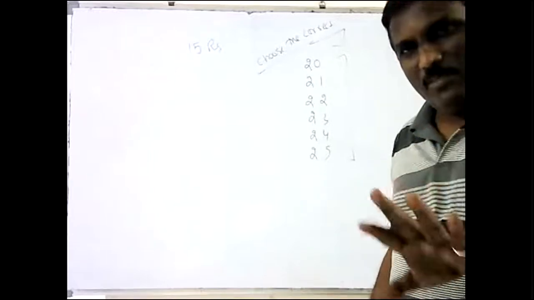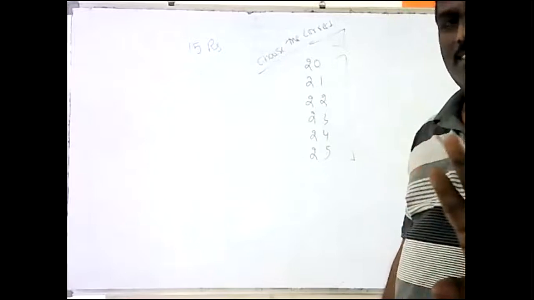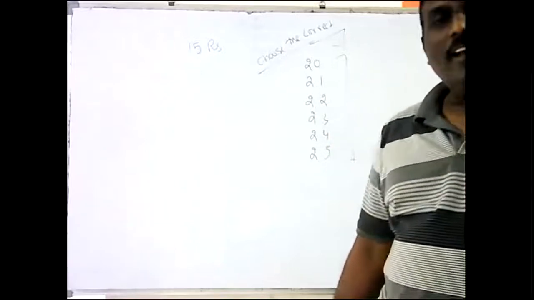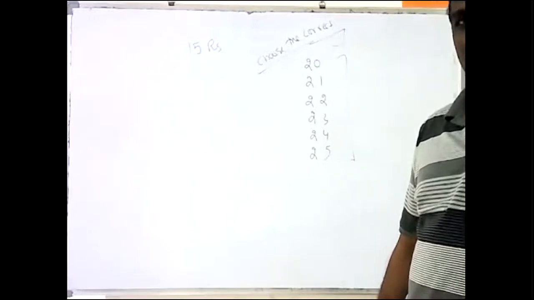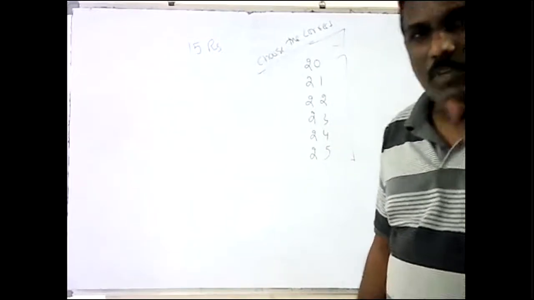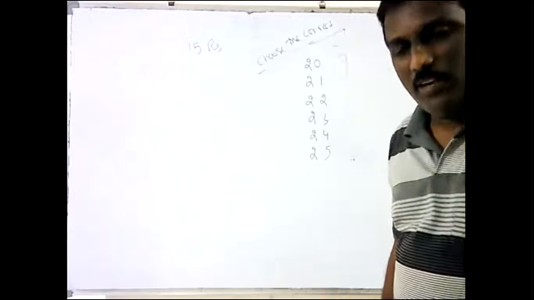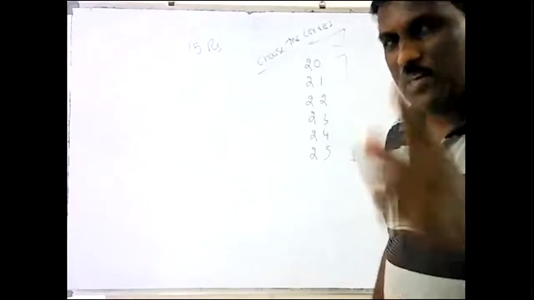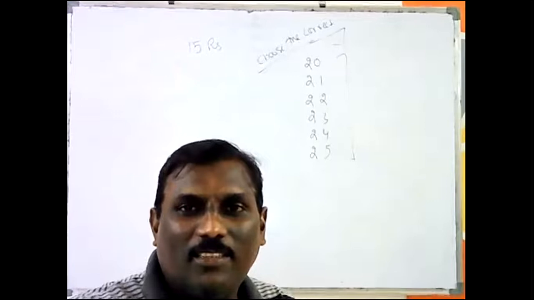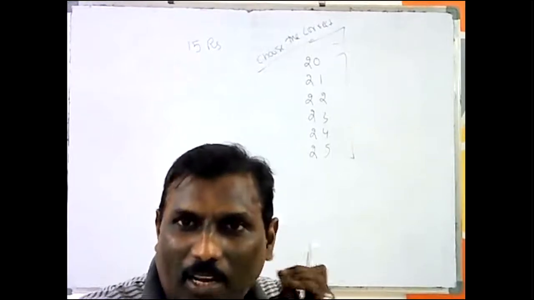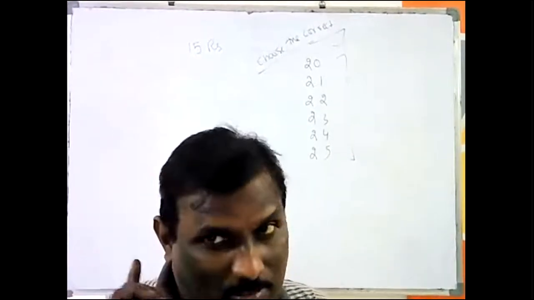Take your time. Next class we will give the answer. I need the answer with the explanation. It should be perfect. Whoever gives the correct answer will get a chocolate from my side when school starts offline. You will get a good Dairy Milk when the school starts. So think and give the right answer with the explanation I want.